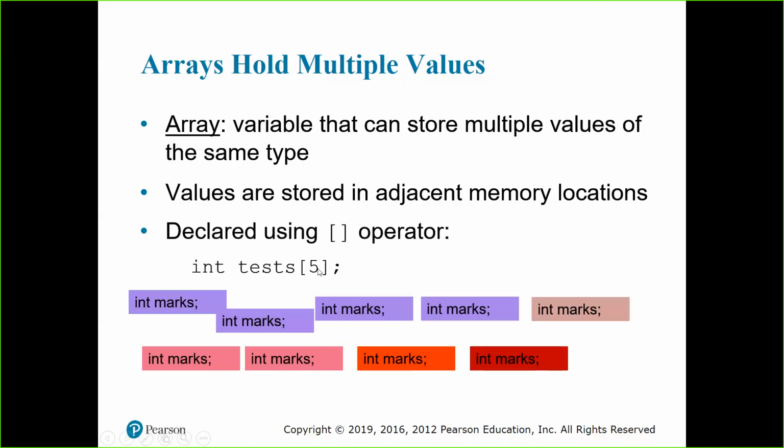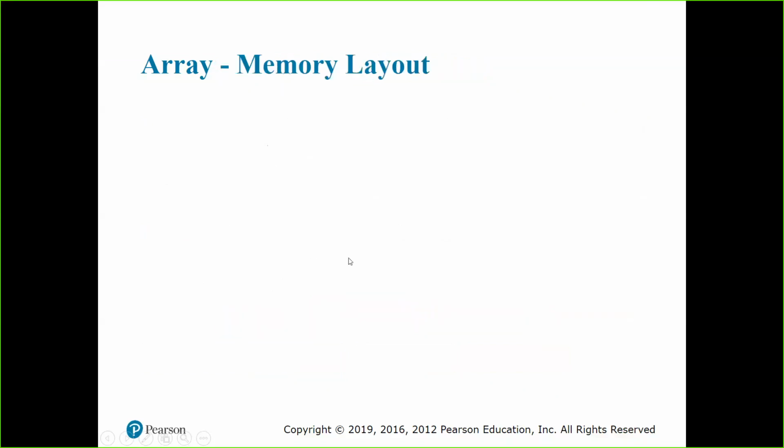The value inside the square brackets represents the size. This one is the name of the array, and this one is the type of the array. So we have an array of size 5, its name is test, and all these 5 values will be integers.